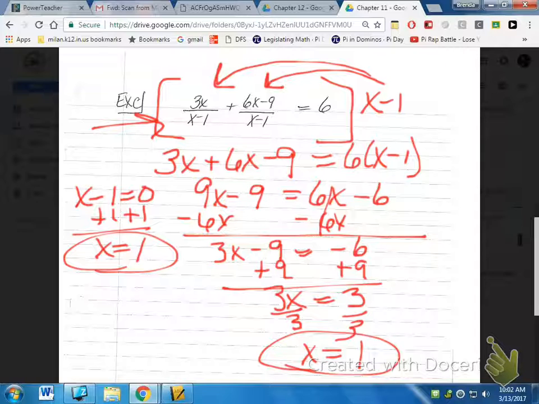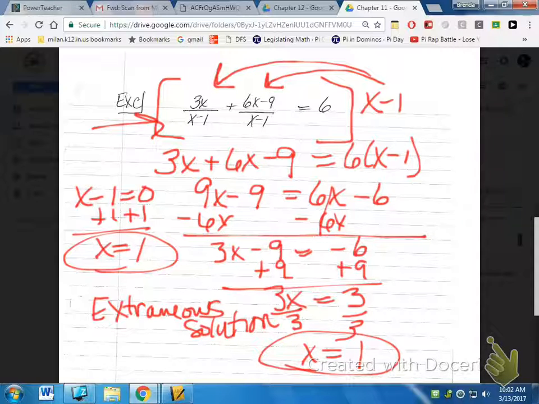So that is called an extraneous solution. Basically it means it came out to that, but it cannot possibly be that. So there's no other possible answer, therefore, empty set. There's no solution to this problem. Okay, so if they ask you for extraneous solutions, you'd say that extraneous solution was x equals 1, but to this problem, there is no solution.